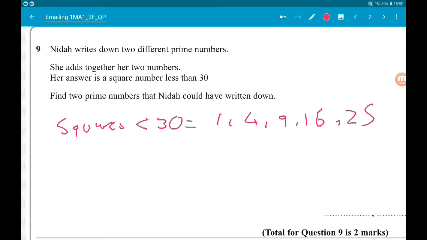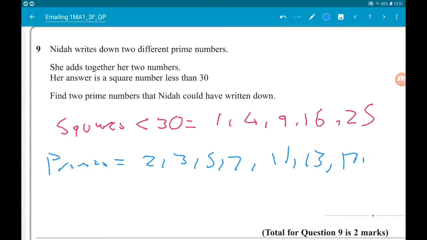Now, if we write down our primes, so we can't write them all down because they go on forever, but clearly we're not going to need any bigger than 30. So we have 2, 3, 5, 7, 11, 13, 17, 19, 23, and 29.